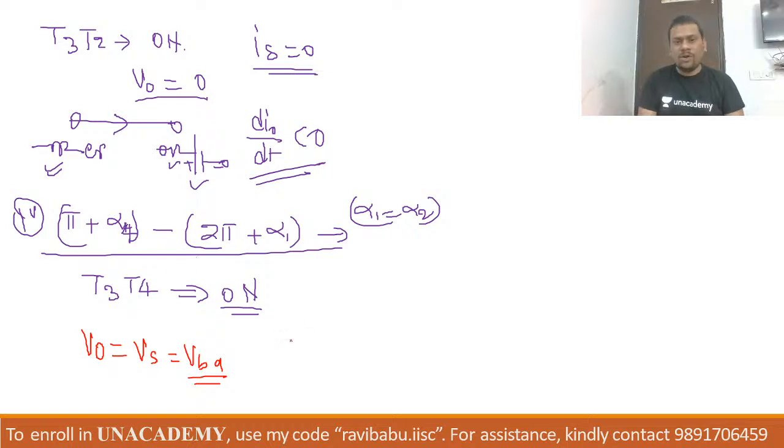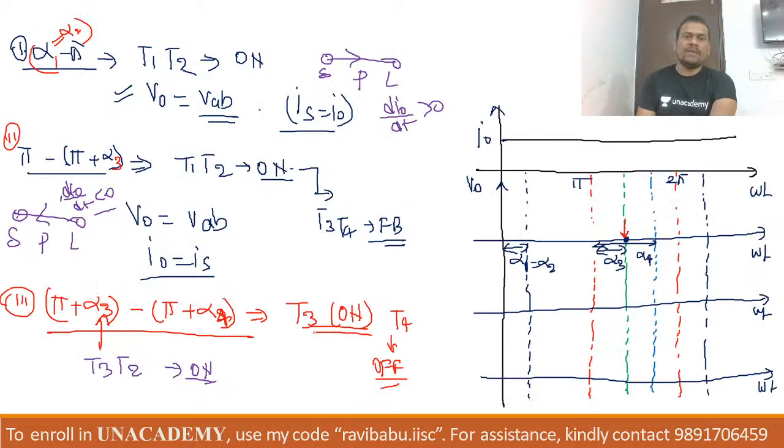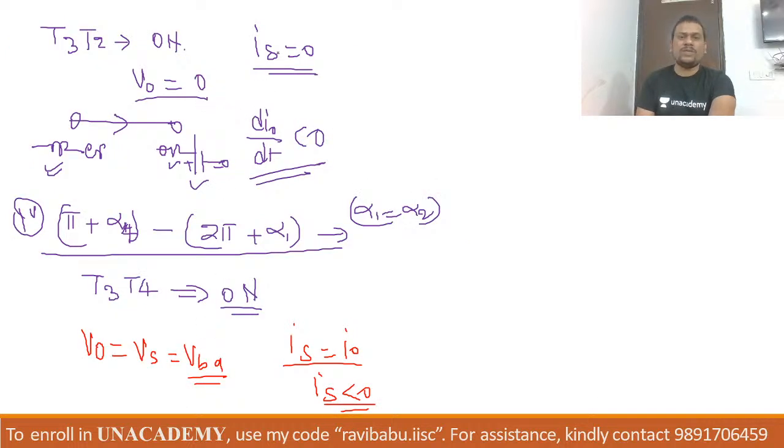And diagonally on, so obviously Is will be I0, and in this range our Is will be less than 0. And somewhere here, in case 1, your Is will flow B to A, so positive. Here B to A, so Is is positive. Here, like freewheeling action, Is value is 0. Now tell me, are all the things clear?